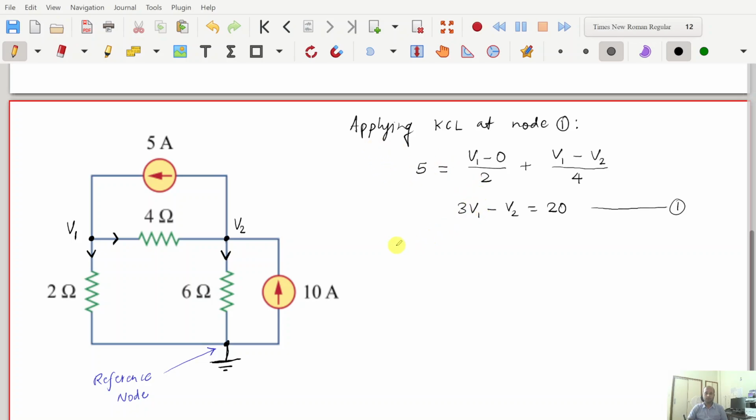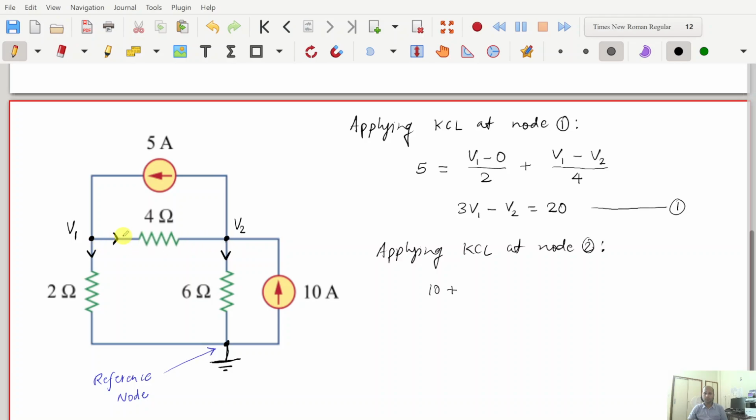Fine. So let's now proceed and write the current equation for node number 2. So applying KCL at node 2. For node 2, we have got two different incoming current components. One with 10 amps, and another one is in the branch with 4 ohms.